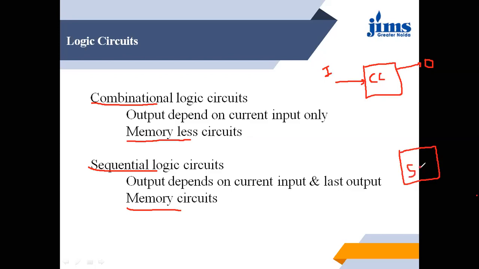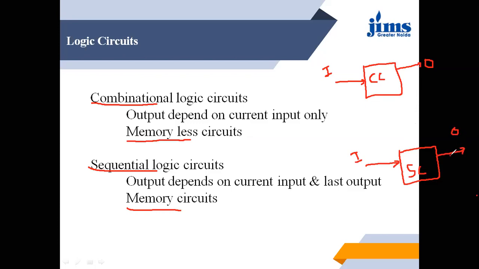But in the case of sequential logic circuits, when we are giving the input, at the same time we are feeding some content of the output line back to get the next output. This is the last output.